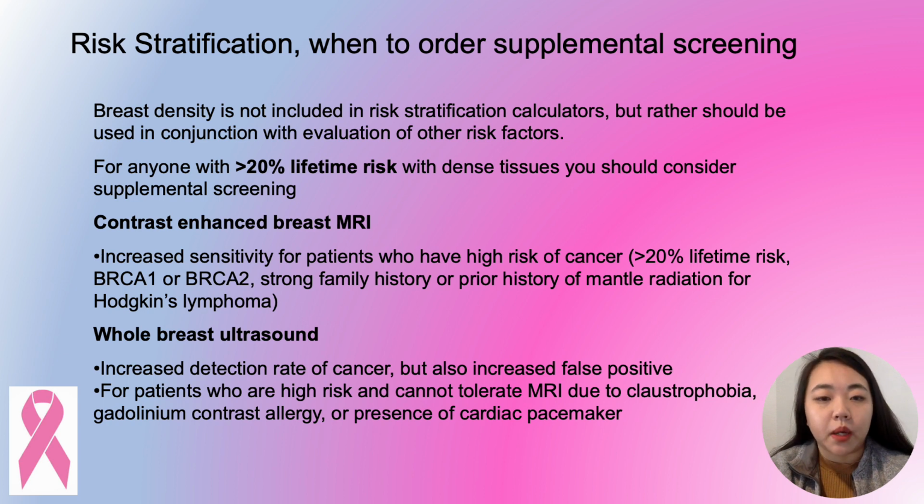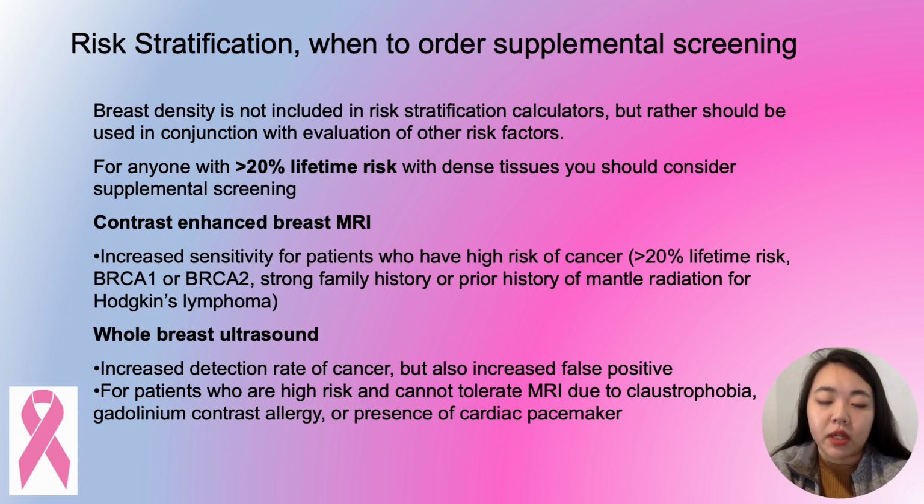Now that we've talked about a patient's risk, how do we decide when to order supplemental screening? Breast density in and of itself is not included in risk stratification calculators such as the Gail model we talked about, but rather it should be used in conjunction with the evaluation of other risk factors.